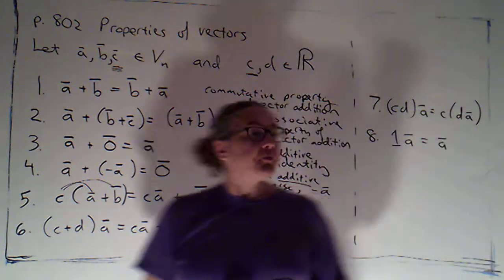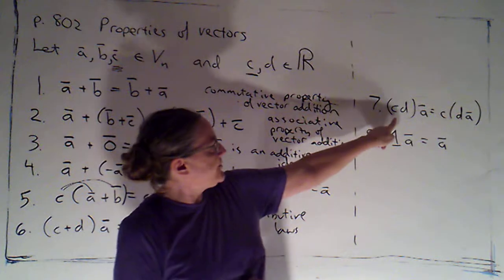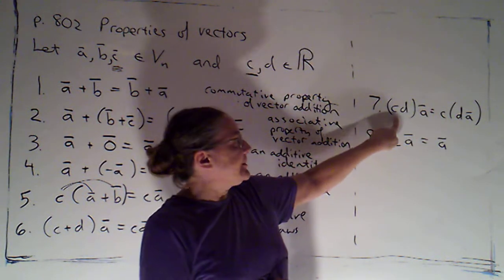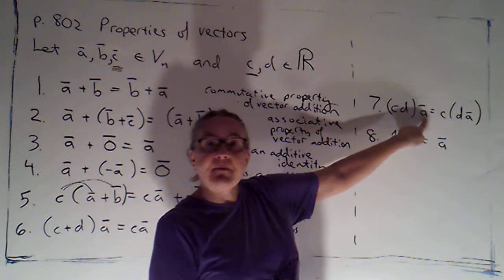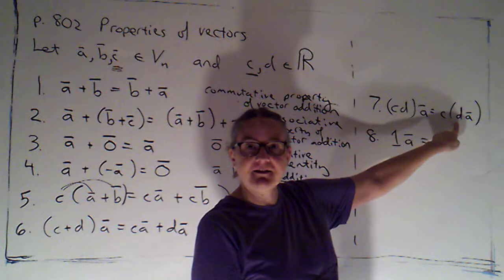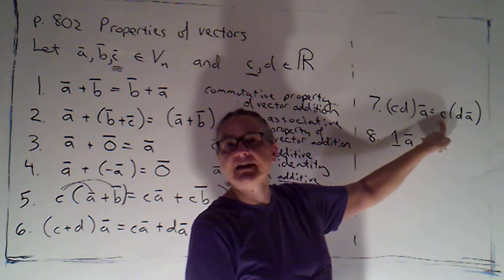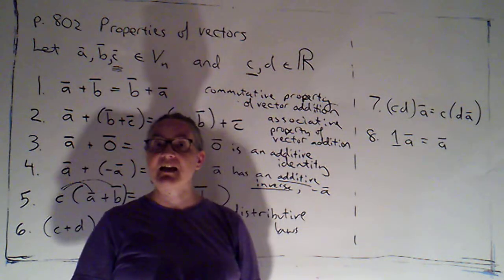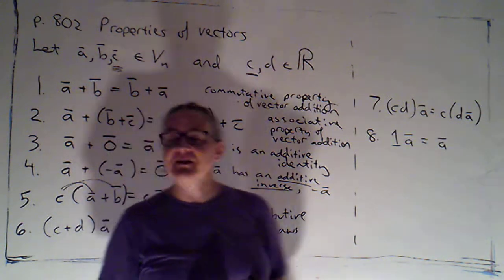Okay, property 7. If I have two scalars, C and D, and one vector A, multiplying the two scalars and then scaling A by that product is the same as taking A and scaling it first by one scalar and then scaling that result by a second scalar. This is essentially an associative property as well, although it's a little bit different from this one.